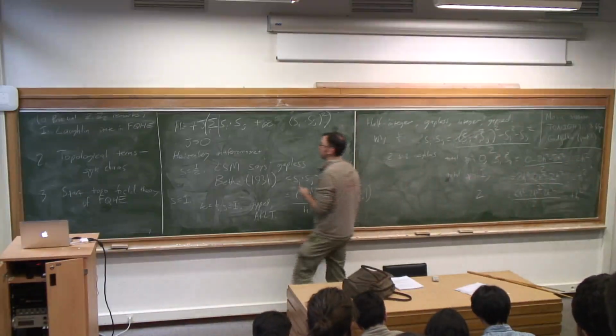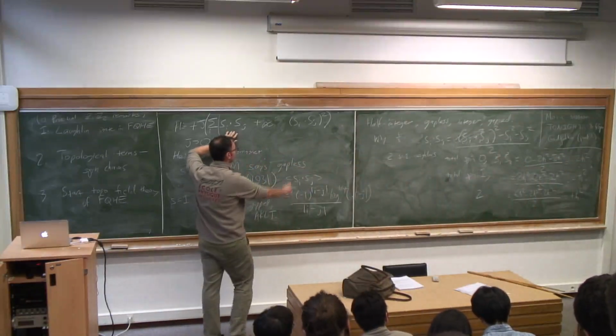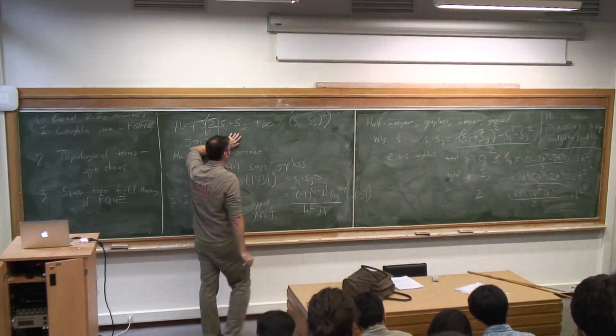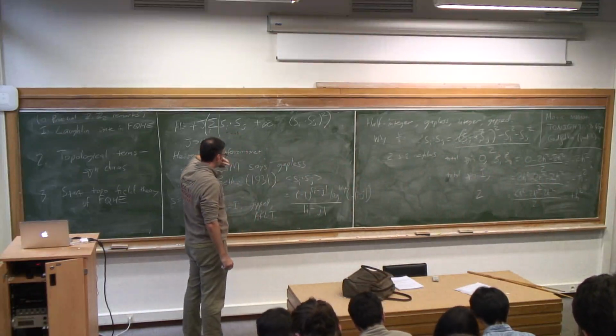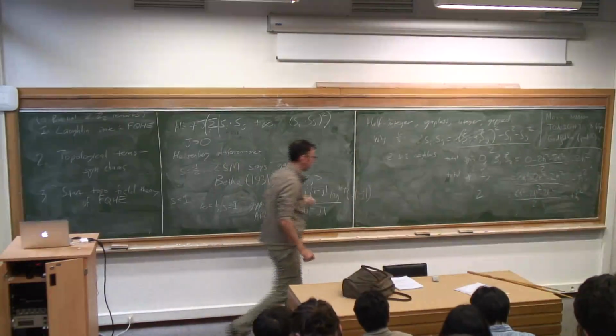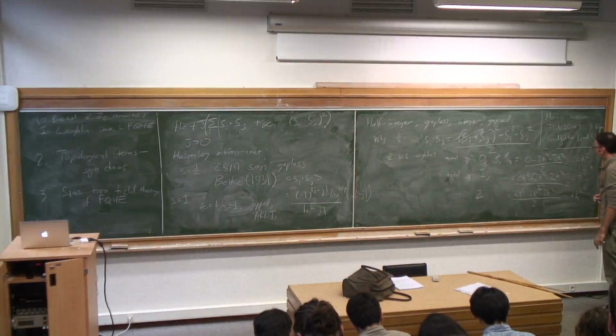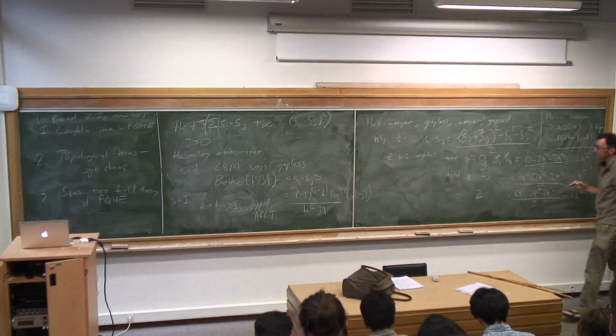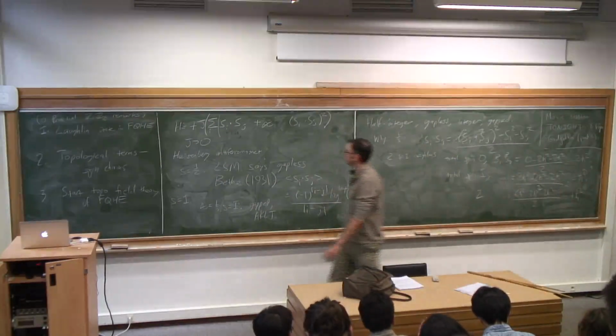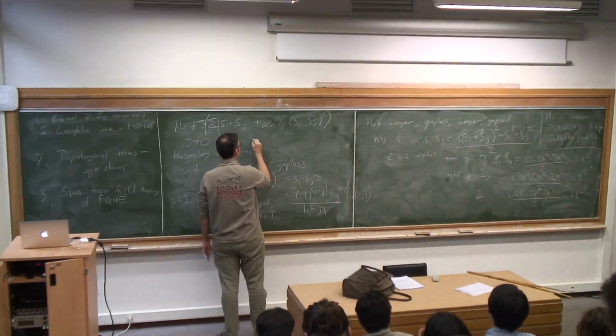So if I go back and figure out what this term is, well, for S equal to 0, this is minus 2h bar squared plus 4h bar squared over 3. So I'm taking specifically alpha equal to 1/3.